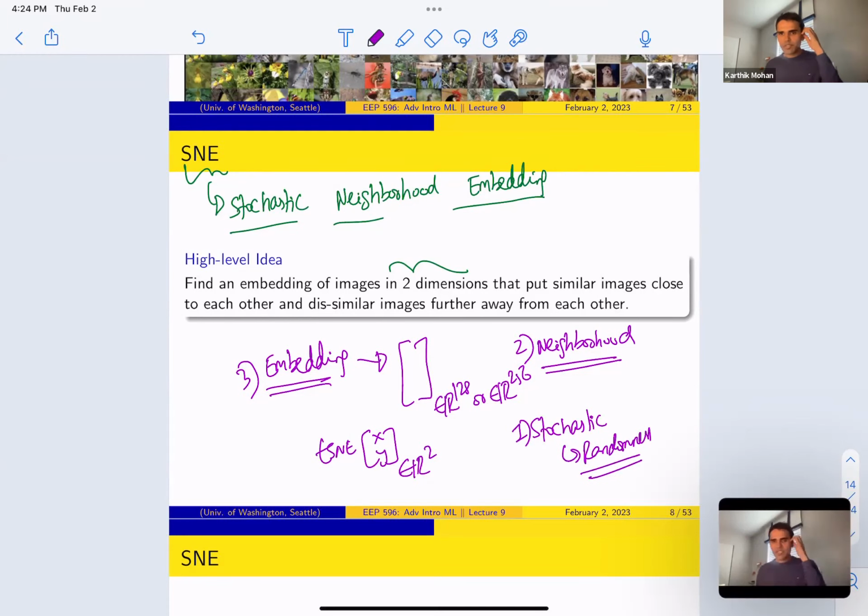So it's a stochastic neighborhood embedding, and there's going to be some randomness. That means every time you run this t-SNE algorithm, you may get a different result, right? It's just like stochastic gradient descent. It's gradient descent, but it's stochastic. There's randomness there. So this is a method that can give you an embedding based on neighborhoods, and it's random in nature, right? So that's stochastic neighborhood embedding.